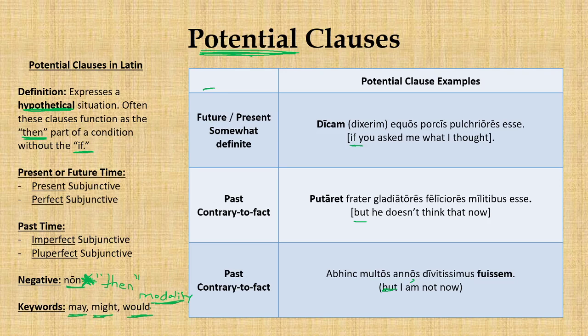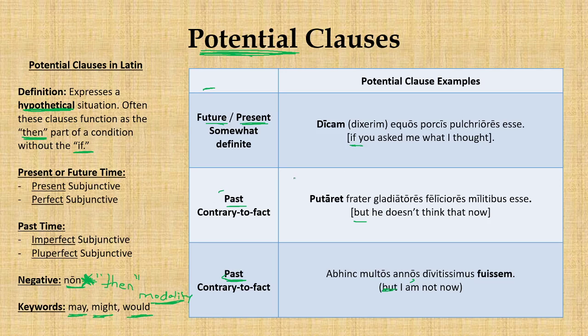So these are our go-to words for translating these. And to illustrate some of these examples, I want to talk about the point in time these things take place and what implication that has on our examples.